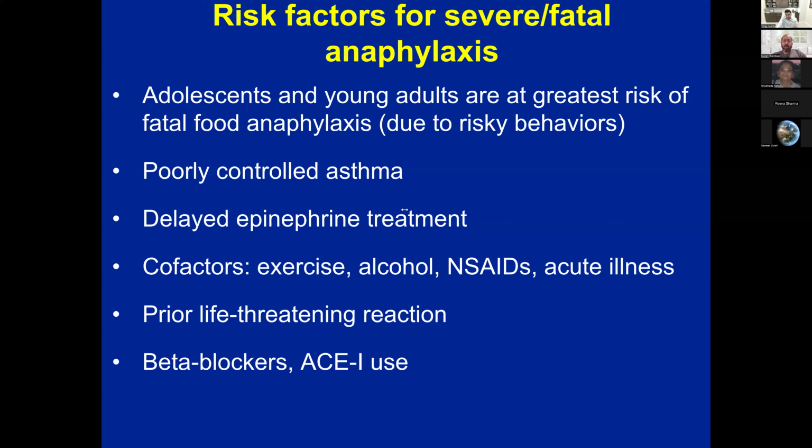The skin test and the blood test will be negative, and the reaction is delayed. So, do we do a food challenge to confirm it? Ideally, yes, but this is going to be very challenging because you give the food and you have to monitor them for a long, long time, because the reaction won't take place until 6 hours later.